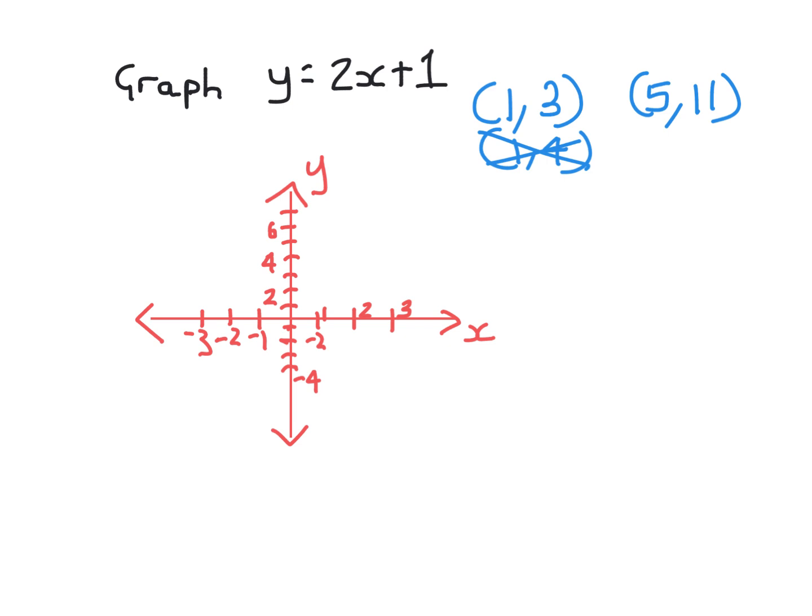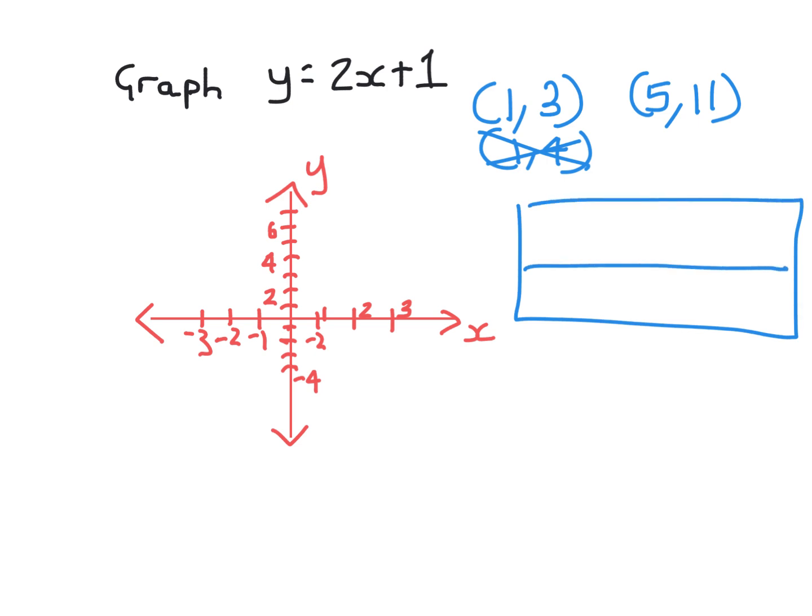Okay, so how do we actually find all these points we need to graph? Well, we don't want to just do random ones like this. What we can do is draw up a table of values. So the table of values is actually what you saw on the screen on the previous slide. So when you're doing a table of values, you can choose the x values.